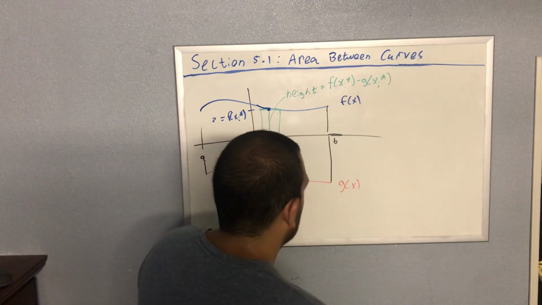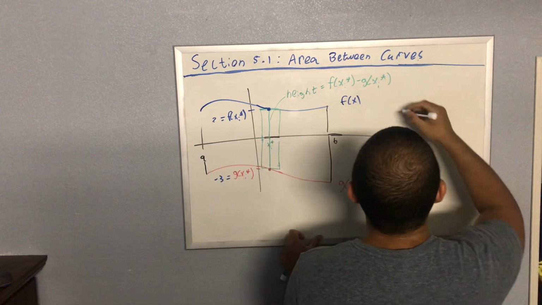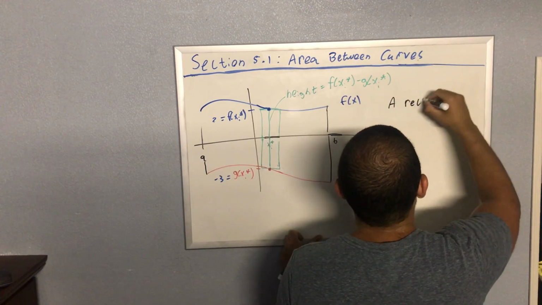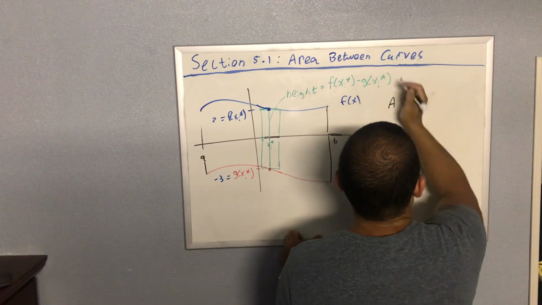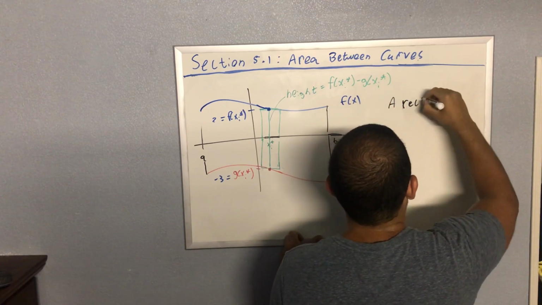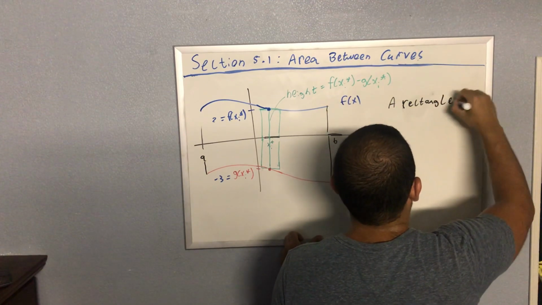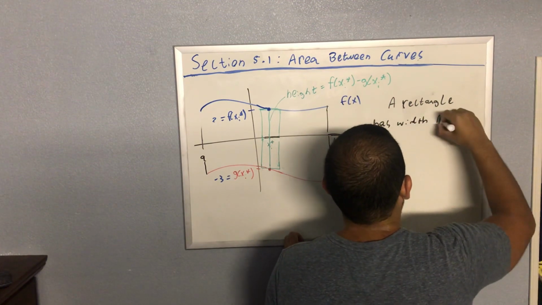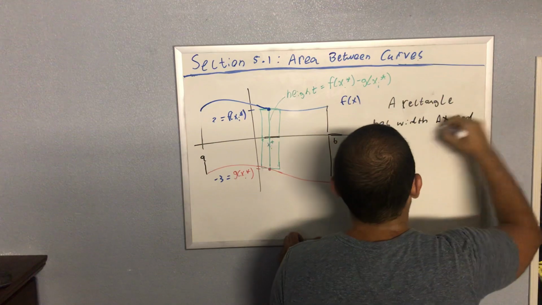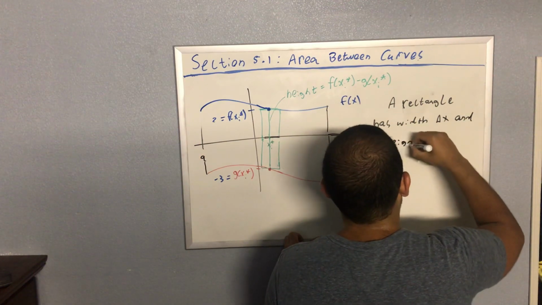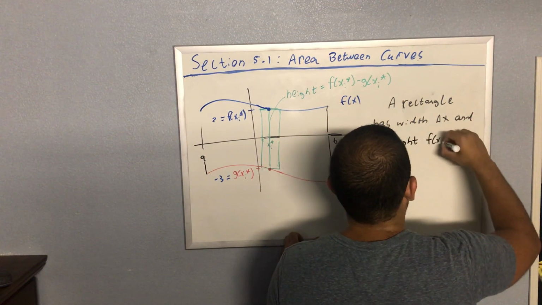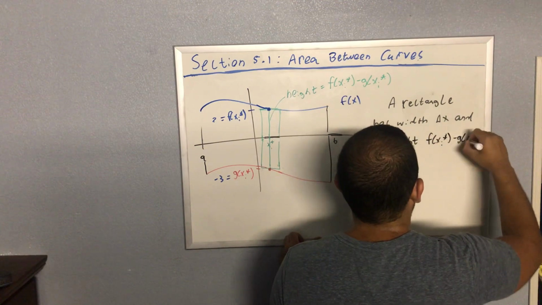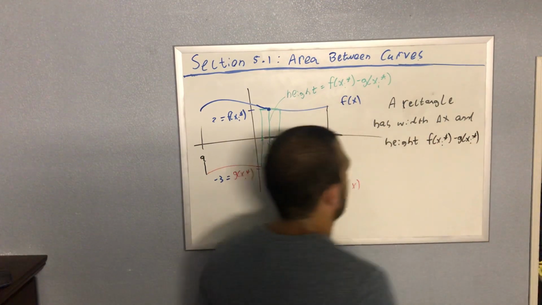So we see that in general, a rectangle has width delta x and height f of x sub i star minus g of x sub i star.